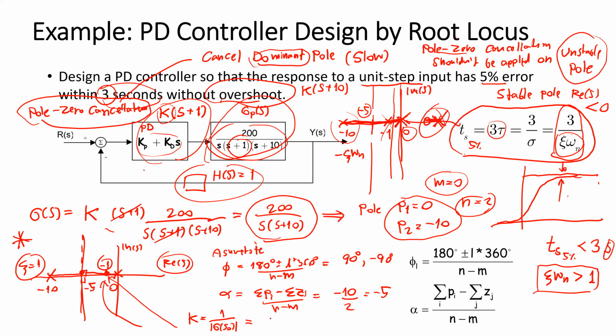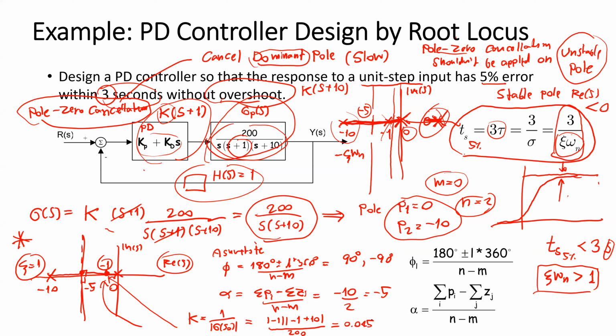So we have the magnitude of minus 1 multiplied by the magnitude of minus 1 plus 10, divided by 200, which means it should be 9 per 200.